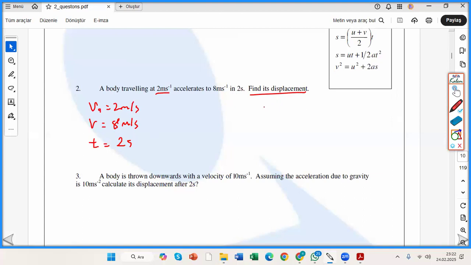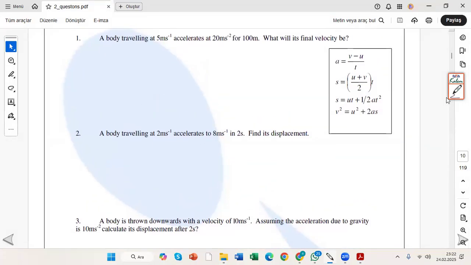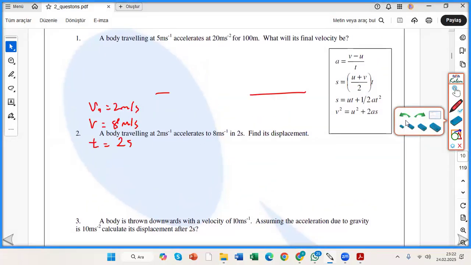So, yes, can you realize which formula is better for us? Let me show you once again. Okay, let's check the formulas once again.